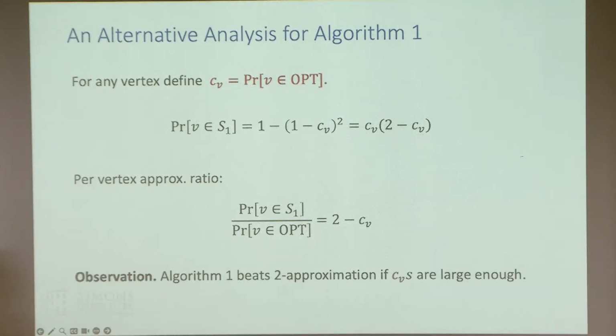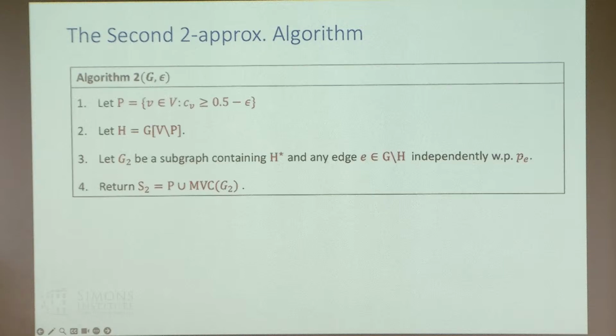That's our second algorithm. Okay, let me say something before this. All the algorithms that I'm talking about have this commit then query approach, meaning that we first commit a subset P to the final solution, then query all the edges that do not have an endpoint in P. This again follows the same framework.